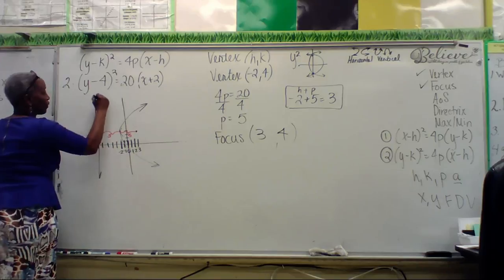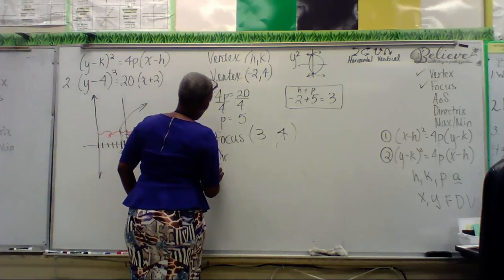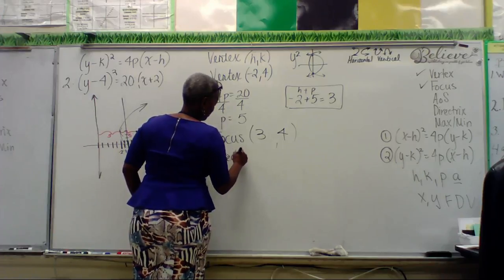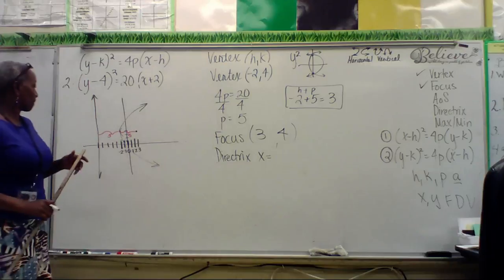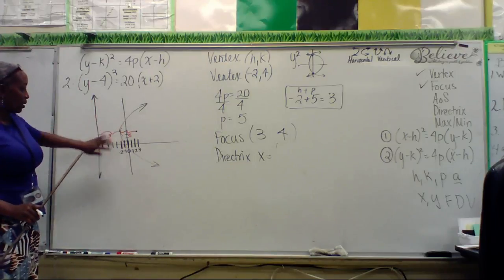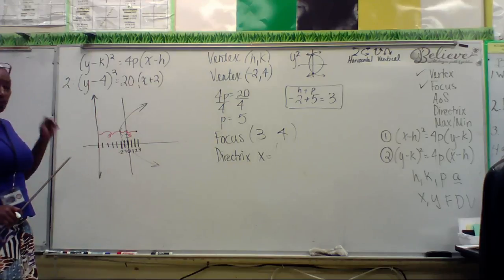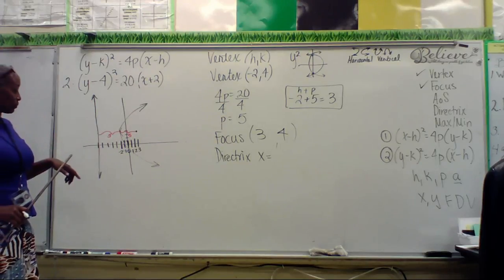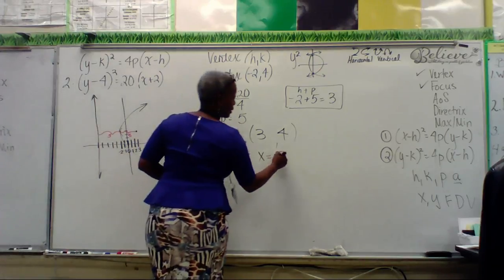What is the equation for my directrix, class? You sure about that? X equals what, class? Put some numbers on your graph if you're not sure. Just number that X number line and tell me what it is. X equals -7. Yeah, it's -7.